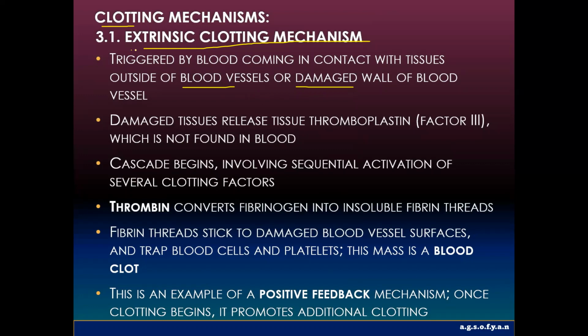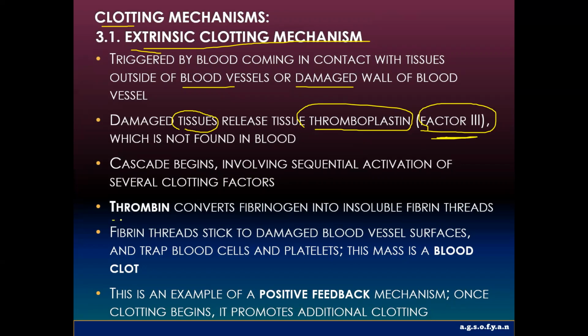So this is the extrinsic clotting mechanism. Then the damaged tissue will release thromboplastin, which is a protein, also known as factor number 3. Then this series of processes will activate several other clotting factors.